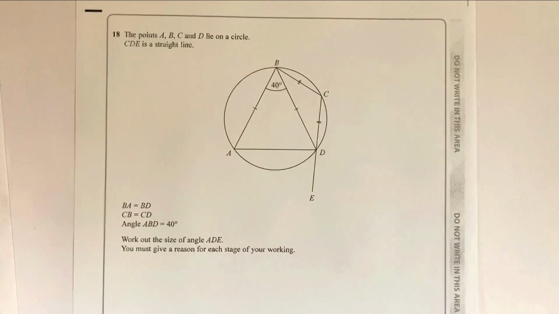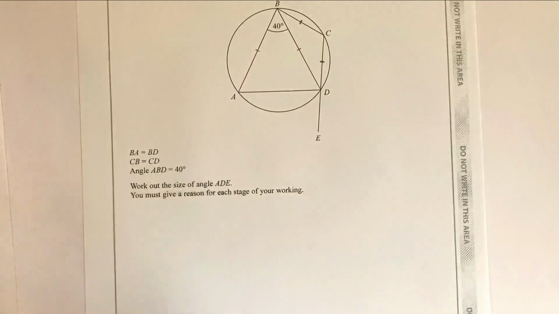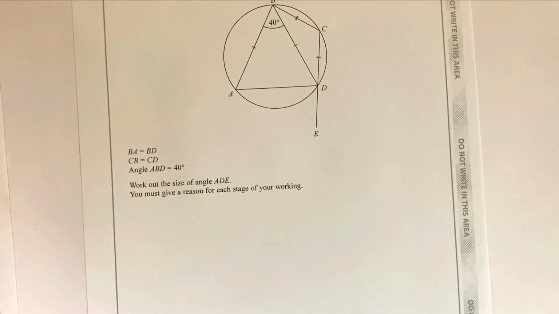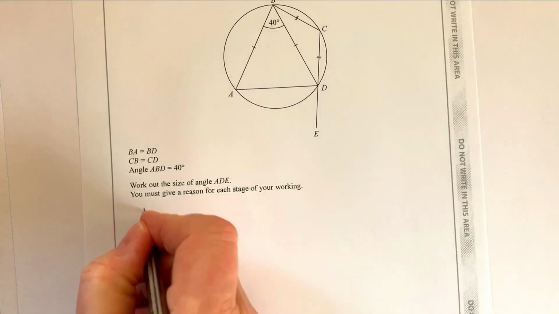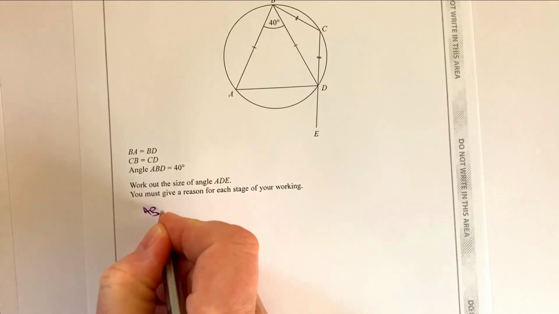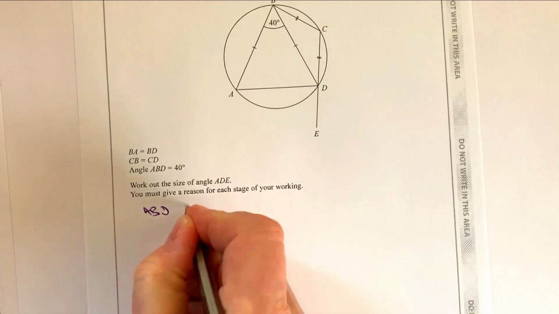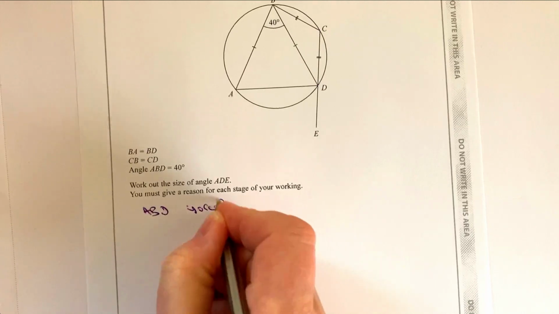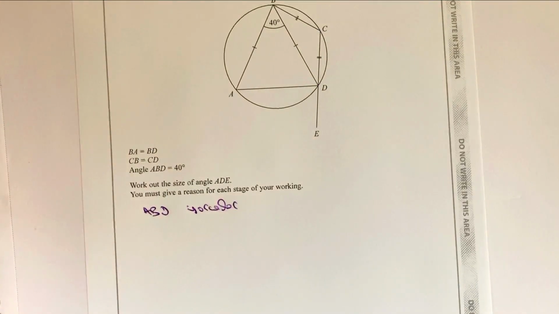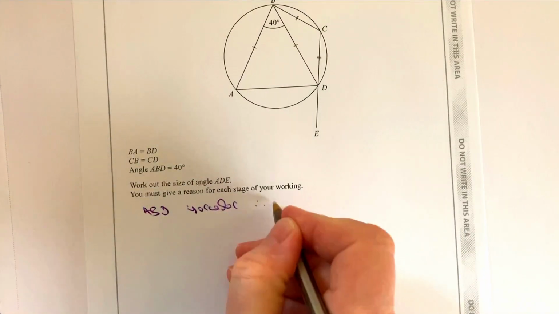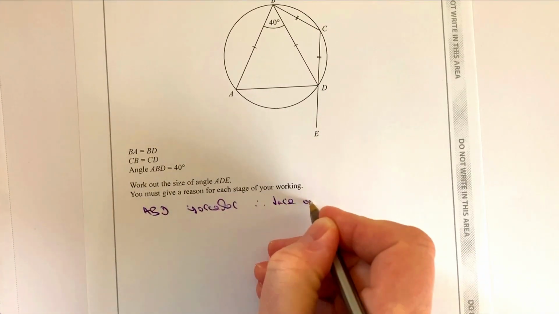Now, it does say give a reason for each stage of your working, so I'll try to jot these down, but forgive me, for the purposes of the video I want to make it as quick as possible, and also my writing is pretty ropey. Okay, so ABD is isosceles, and therefore base angles the same.